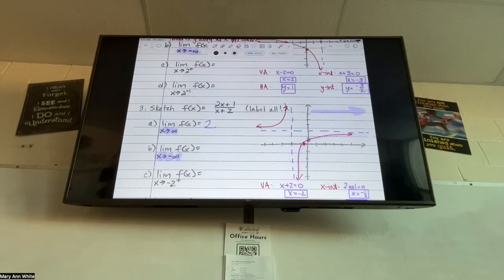Now we're gonna do the same thing, but now x is going to approach negative infinity, so we're gonna go this way. What is my graph doing as I go as far left as possible? 2. What pattern are you kind of noticing? Going to the horizontal asymptote every single time.